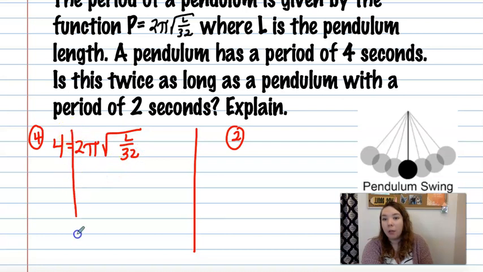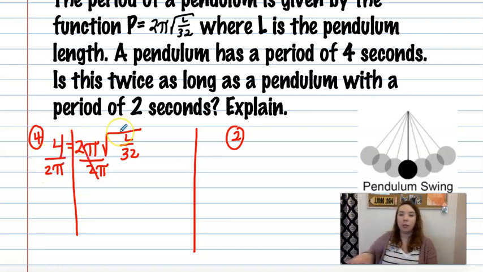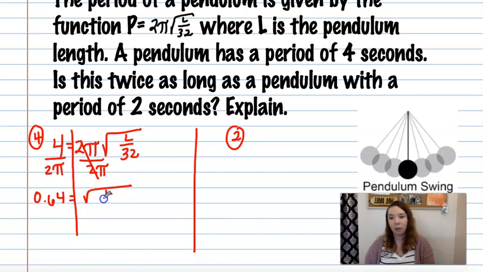And then what I'm going to do is divide by 2 pi to isolate that radical. I'm going to go ahead and use approximate form instead of exact form because it's going to get kind of crazy with that pi under there. So this is going to be 0.64 if I round to 2 decimal places. And now to get rid of that radical, I'm going to square on both sides.